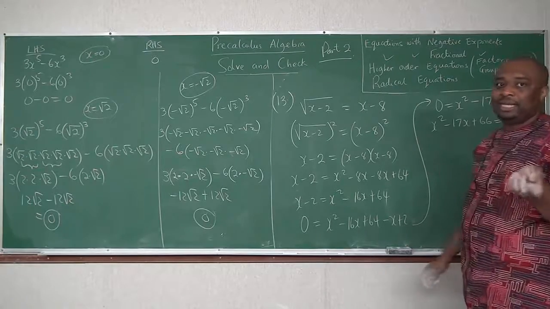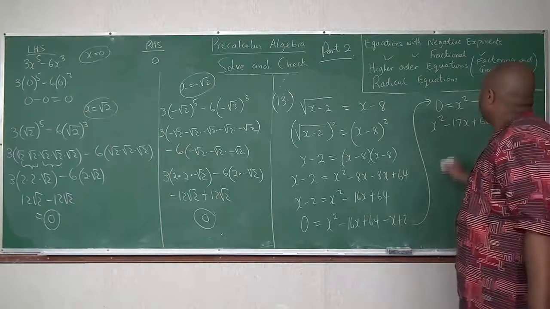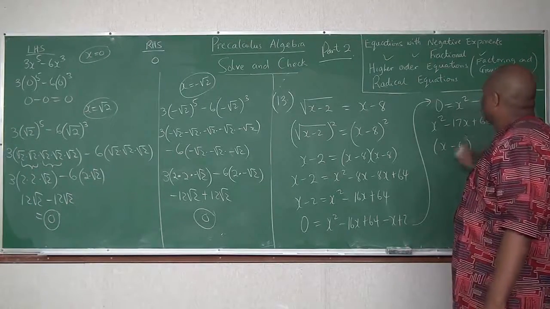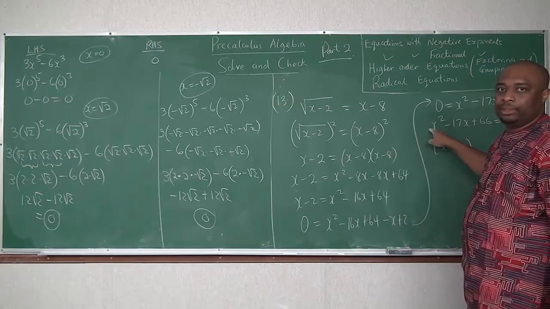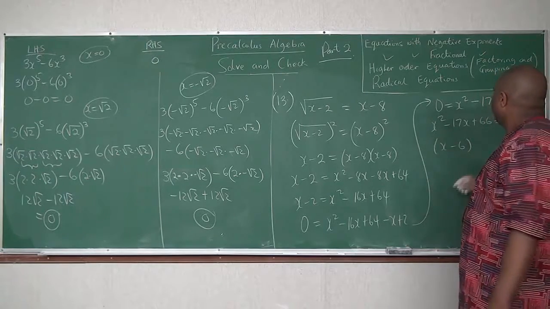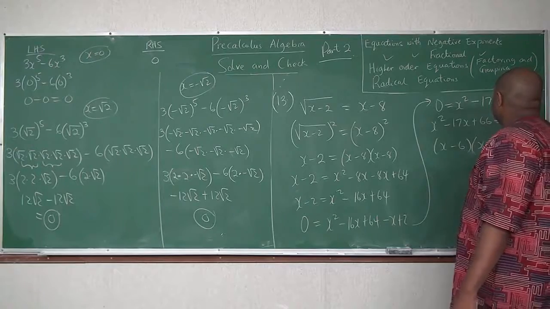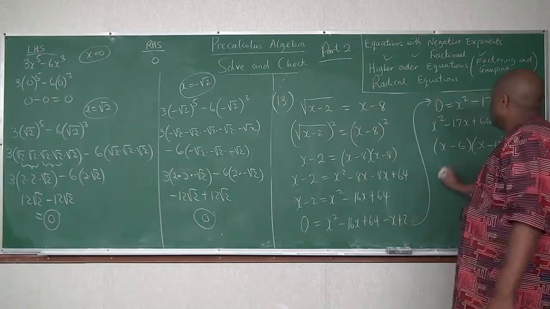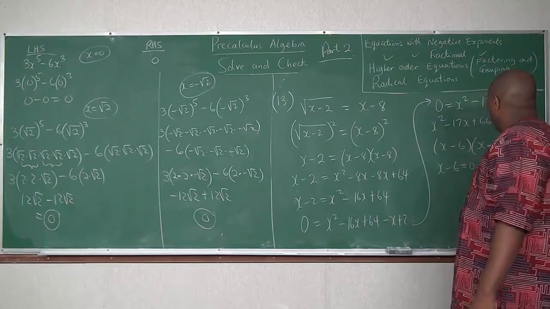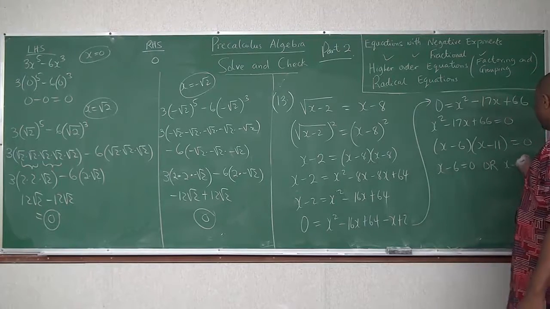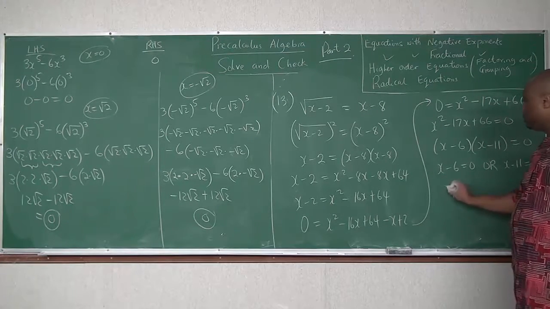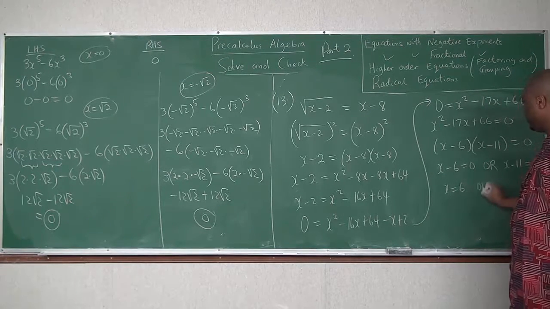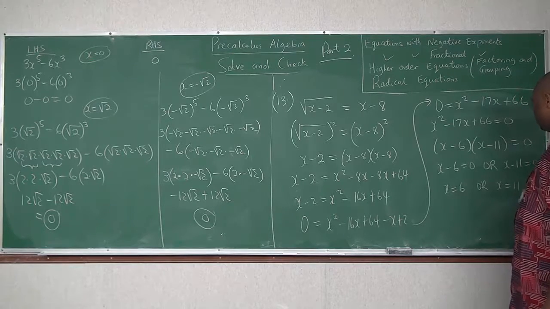Because the coefficient here is 1, x minus 6, x minus 11 equal to 0. So x minus 6 is 0, or x minus 11 is 0. So x is equal to 6, or x is equal to 11.